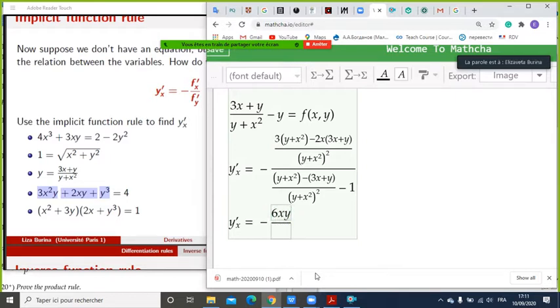Y is a constant in this case, okay? So consider it as a number. Plus 2y, y is a number, so as well as 2, like e. And that's it, because y cubed does not have anything to do with x.